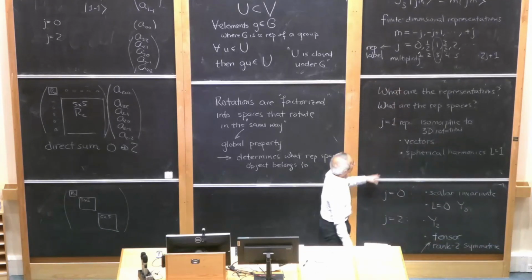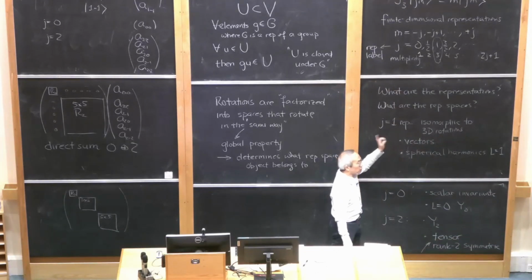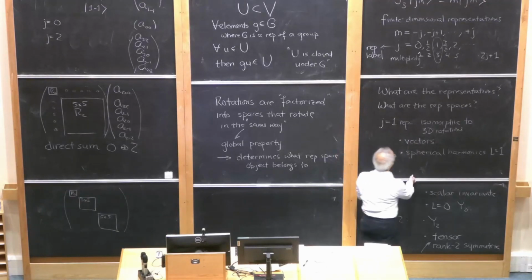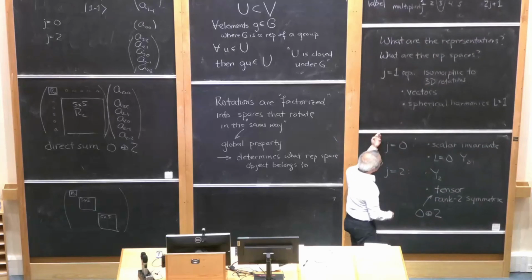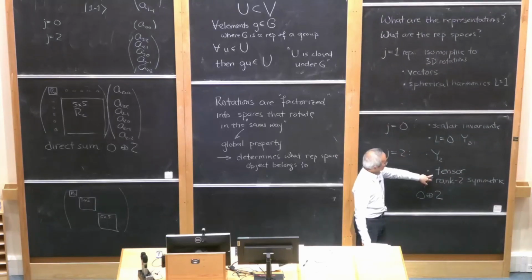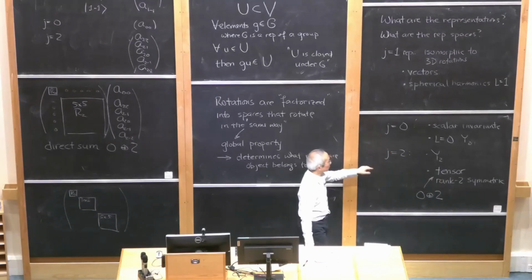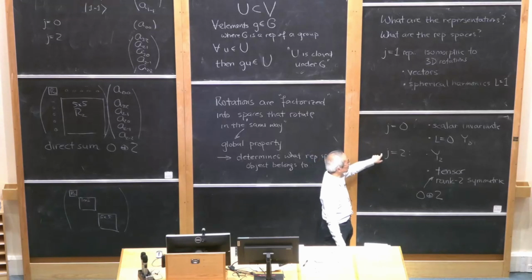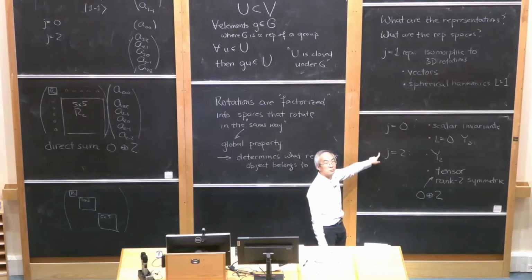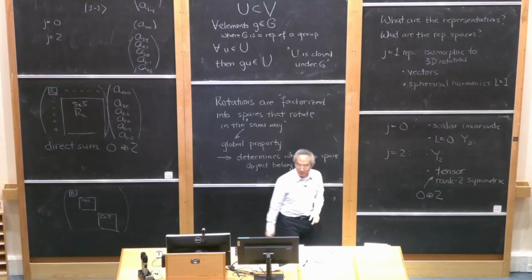Another way of saying that is that vectors form a representation space of the J equals 1 representation. Whereas a traceless rank 2 symmetric tensor belongs to a representation space connected to the J equals 2 representation of the rotation group. So now you have both local and global properties together.